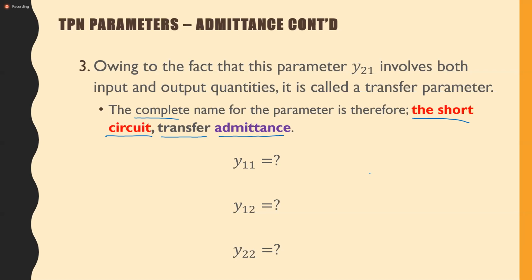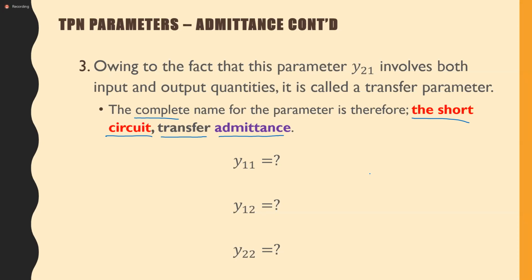Sir, can I try? Sure, go ahead. The short circuit admittance. All right. Good attempt. But look at the complete name I have for Y21. What have you missed out?